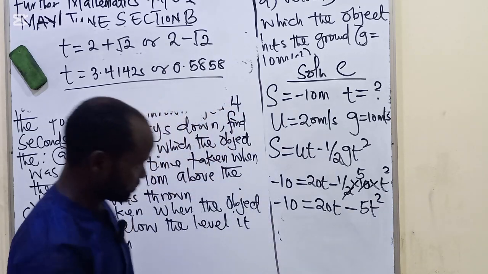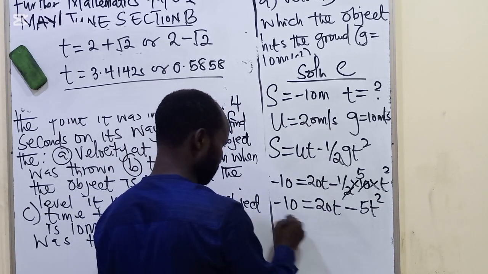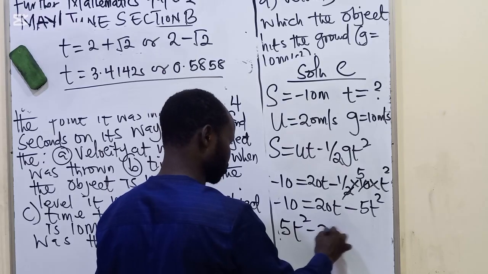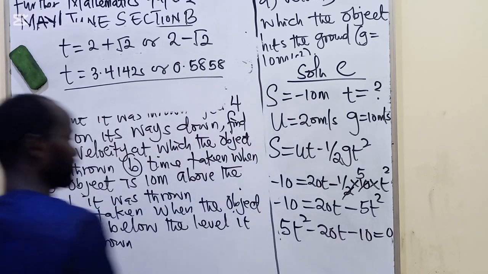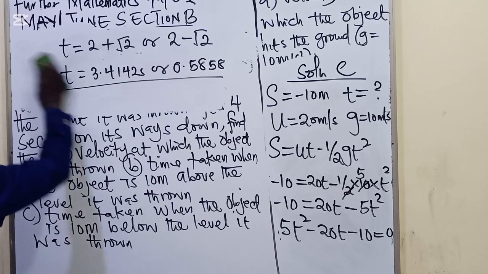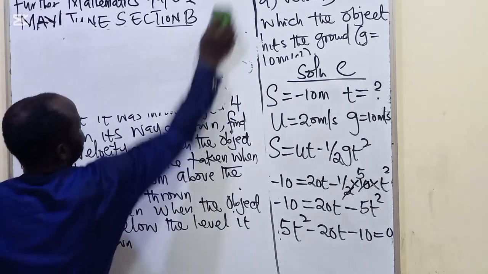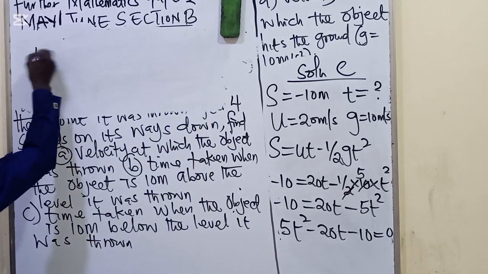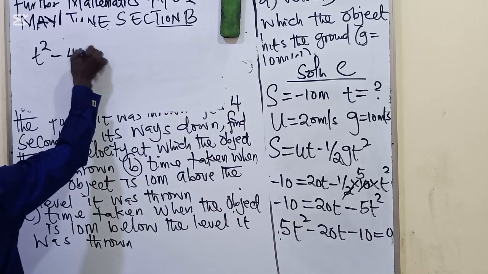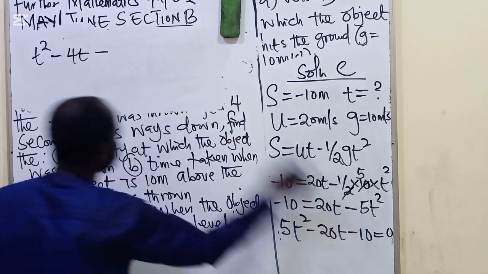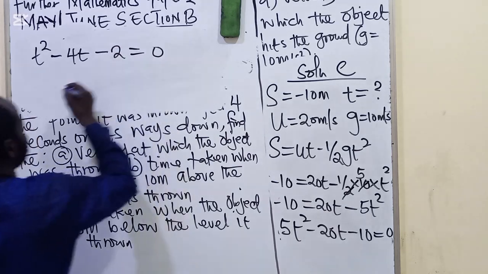Let's rearrange because this is a quadratic equation. That will be 5t squared minus 20t minus 10 equals 0. Is it factorizable? No. Let's divide through by 5 to reduce it before we use the formula method. That will be t squared minus 20 divided by 5, that will be minus 4t, minus 10 divided by 5, that will be 2, equals 0.